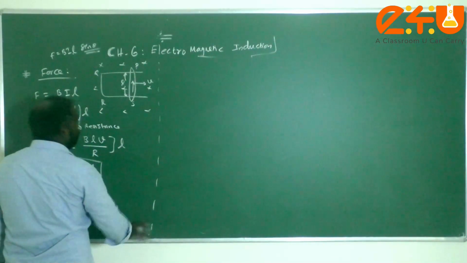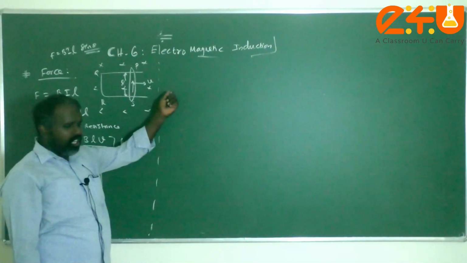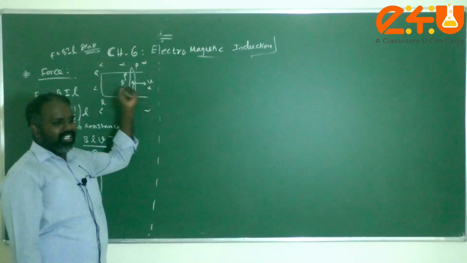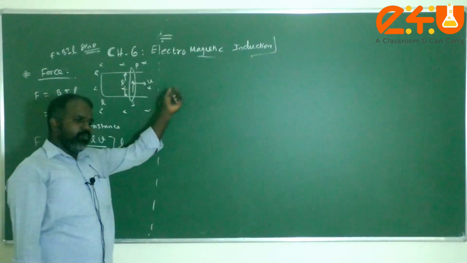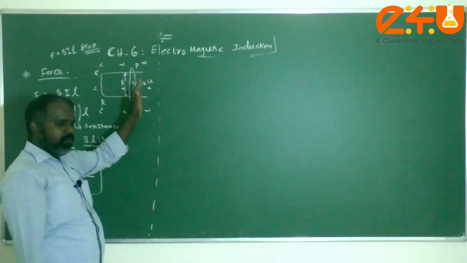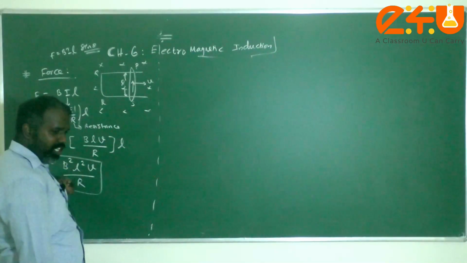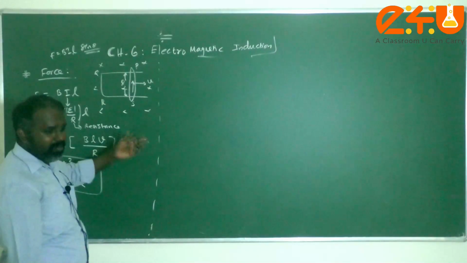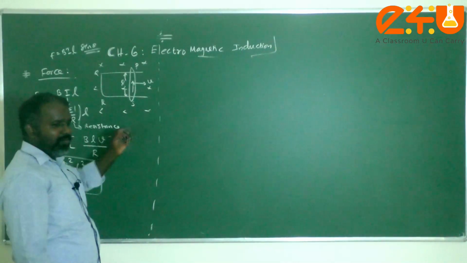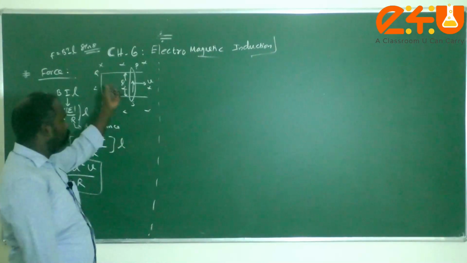And another one is, in order to move this, how much mechanical energy is used? Because the external agency only will move the rod either inward or outward. So this is the external force we need to move the rod. Then how much mechanical power is spent by the external agency to move the rod?